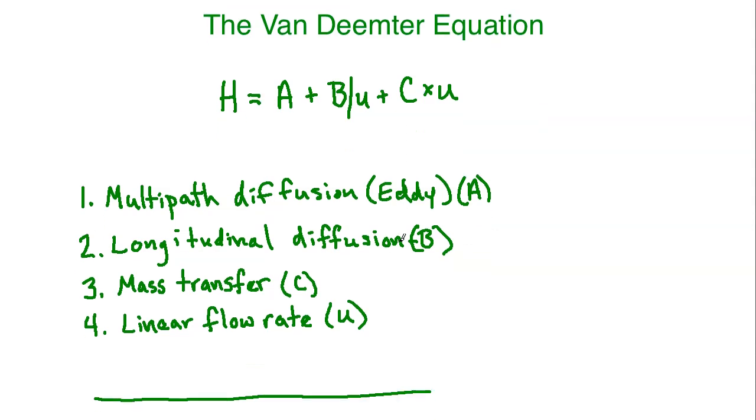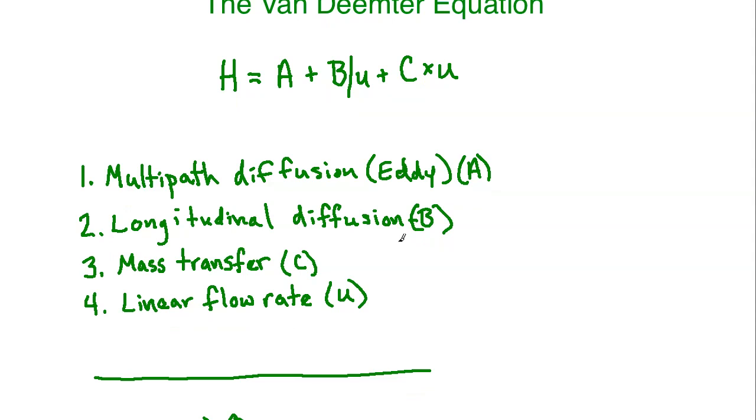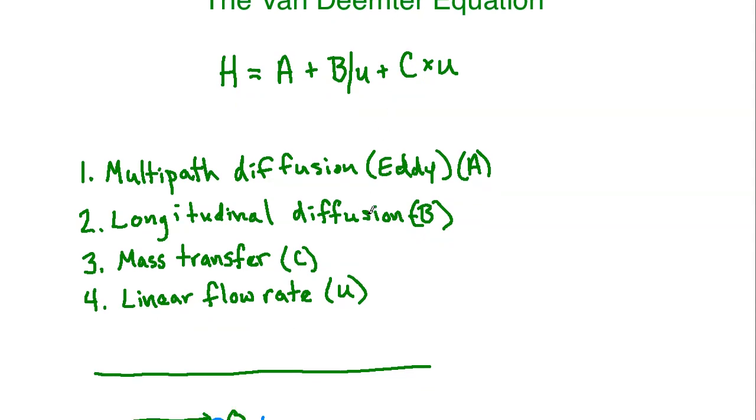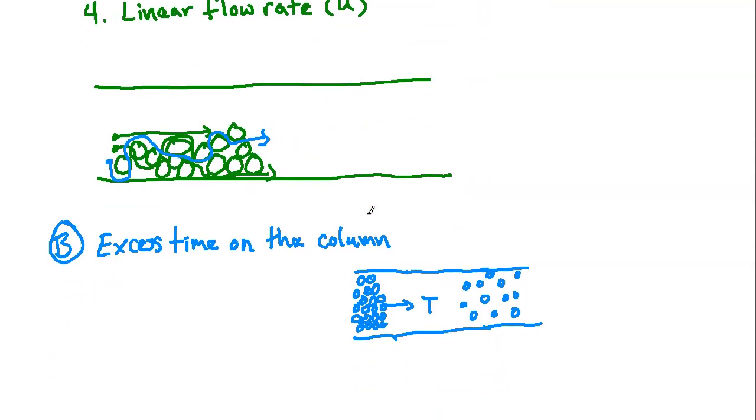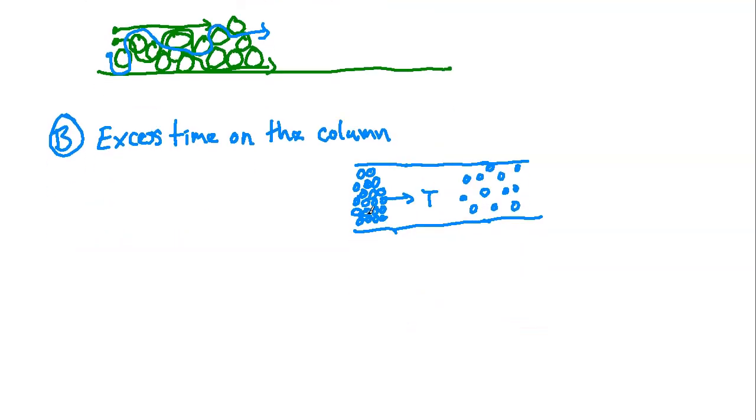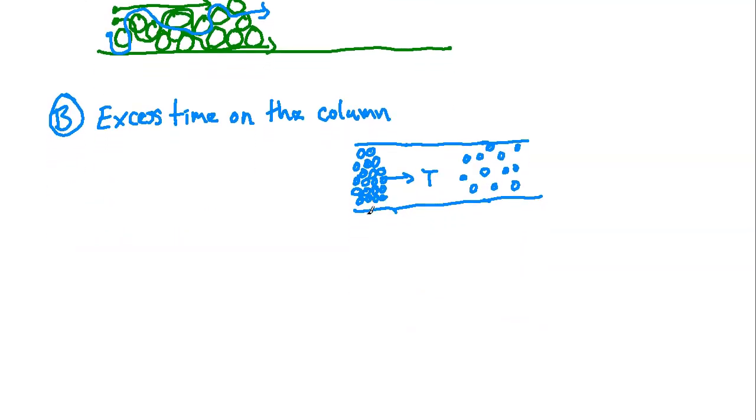And so there's not as much natural time for this longitudinal diffusion to take effect. And so it's going to shrink that B term. Okay, so the time on the column, and as a direct result of that, keeping very low flow rates can be problematic there. And we'll kind of summarize that up as we continue to move along here.